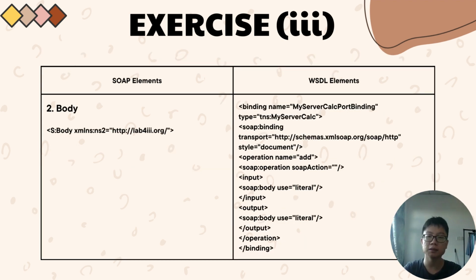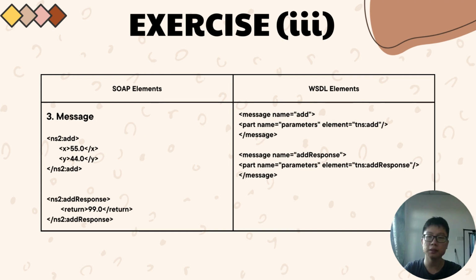The next element of SOAP that matches with the WSDL element is the body element. The S:Body tag in the SOAP with the namespace of ns2 maps to the WSDL soap:body tag with use equal to literal. The third element that matches between the SOAP and WSDL is the message element.